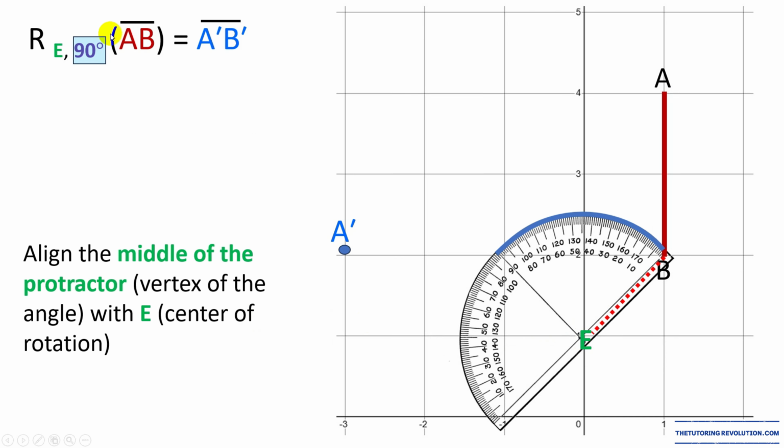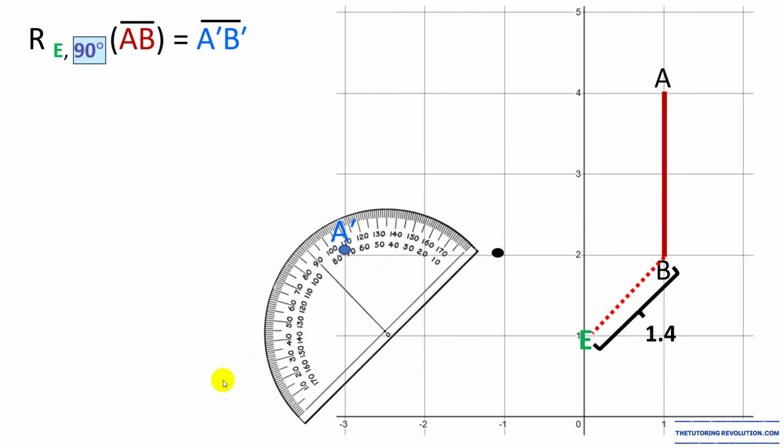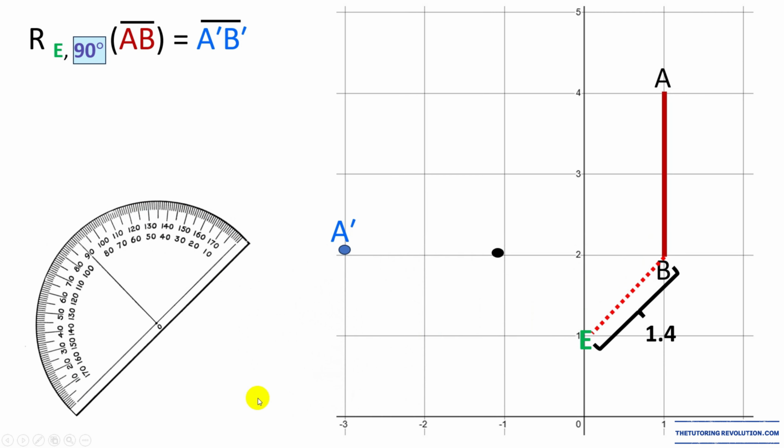We measure the angle, which is 90 degrees, and mark it with a point. The distance of this segment is 1.4. Therefore, the distance from here in this direction is going to be 1.4 as well.